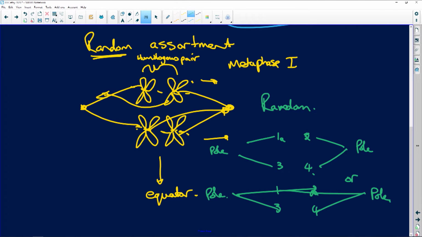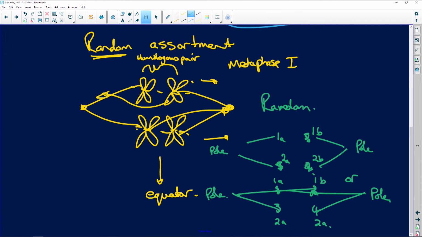Remember 1 and 2 are your homologous chromosomes, and 3 and 4 are homologous chromosomes. I could also say this is 1A and this is 1B, and this is 2A and this is 2B, if it helps you better.